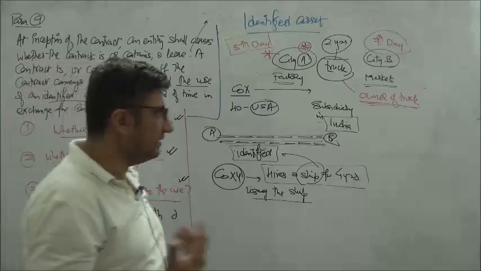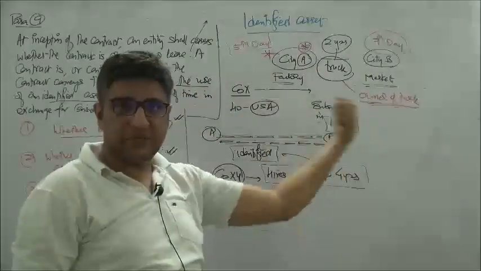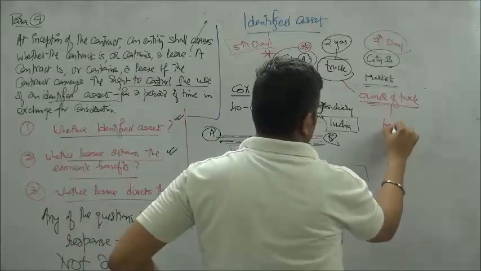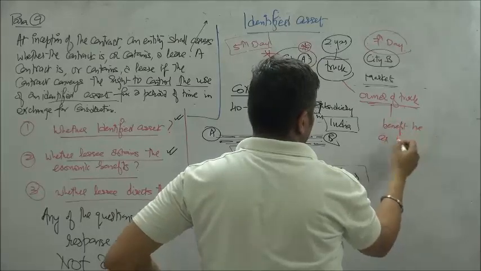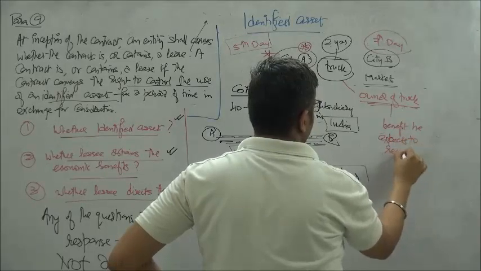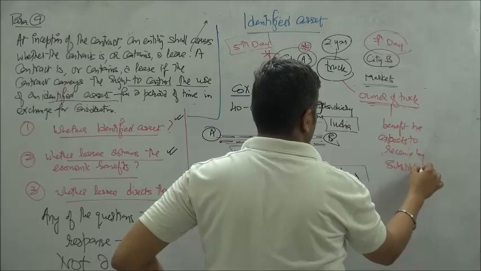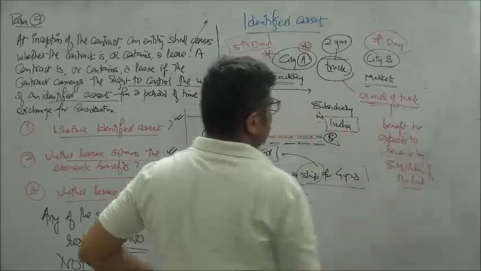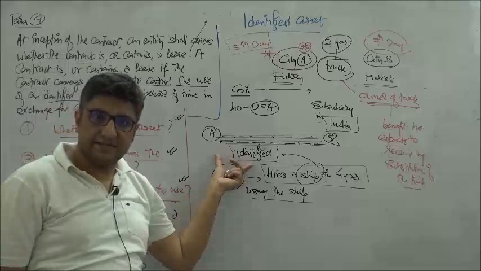So to that extent, if the owner is able to replace that truck, substitute that truck, because he sees that there is a benefit he expects to receive by replacing or by substituting the truck, in this case, the truck does not appear to be an identified asset here.